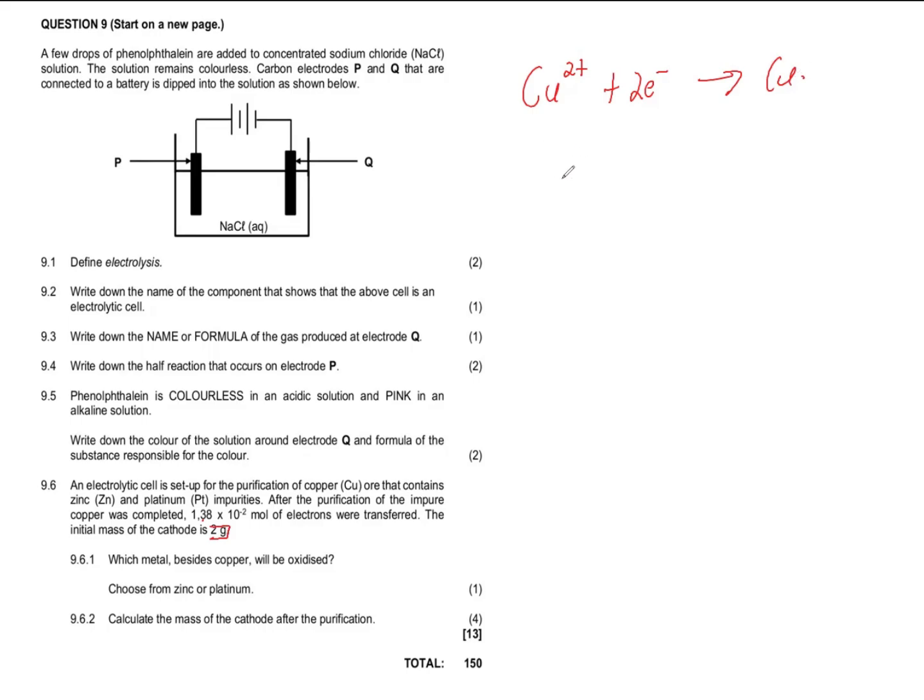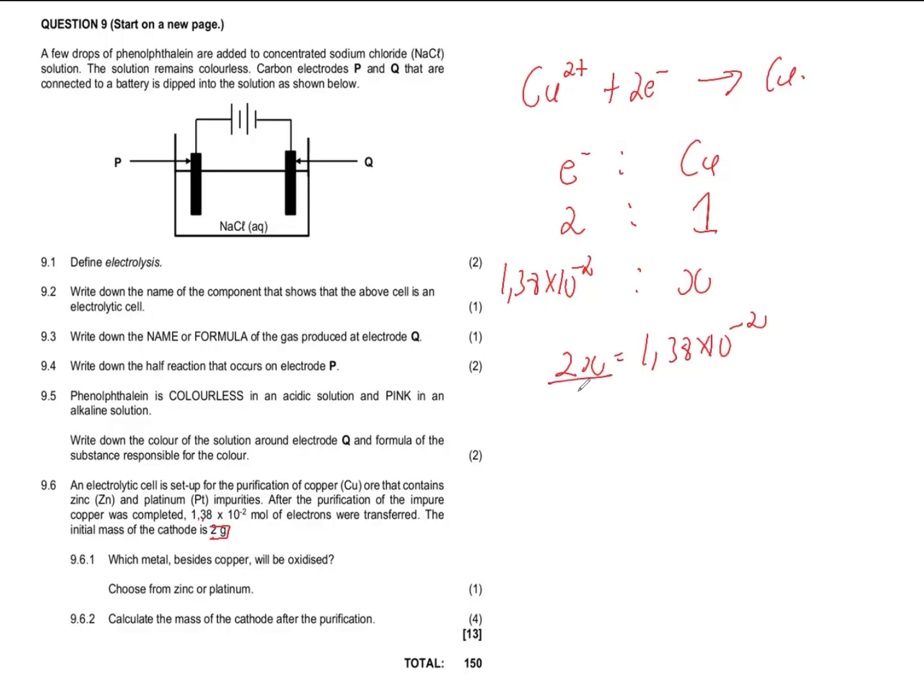So now when we compare the number of electrons to the copper, we find that it is 2 is to 1. Now they just told us that 1.38 times 10 to the exponent of negative 2 mole of electrons was transferred. Then we're going to put X here because we are looking for the number of moles of copper. When we cross multiply, this is 1.38 times 10 to the exponent of negative 2, right?